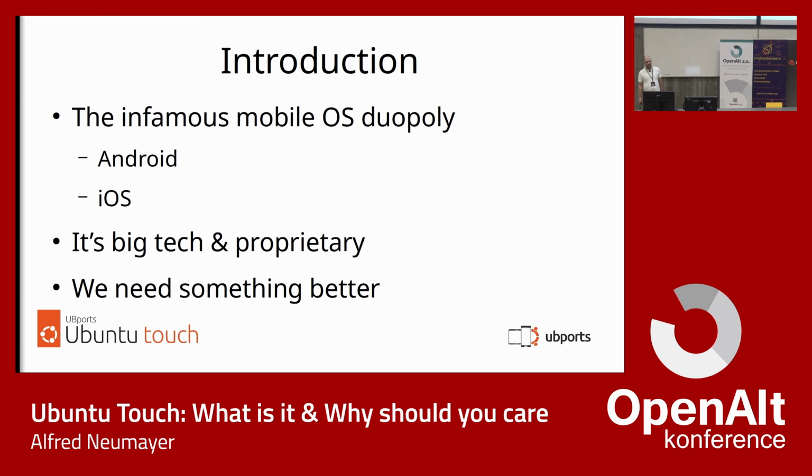Android started out as an operating system that was very open, close to open, not in the sense of open input from the community on how to develop it, but at least it was open source and released to the public. And iOS, of course, the most proprietary thing that there is in the mobile space. It's big tech and it's proprietary, and we need something better.